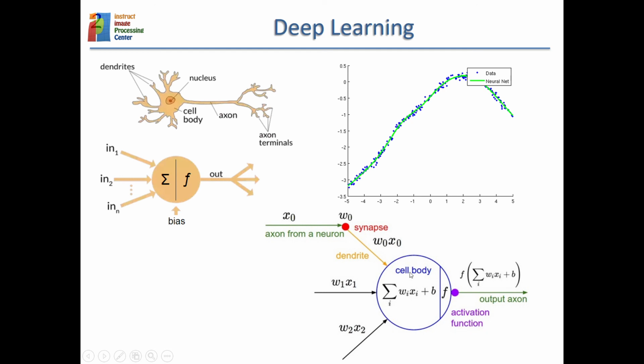Then it may add its own bias, a constant added to that input information, and it outputs this addition through the axon. And for this output, we use a non-linear function. This computation performed at the cell body goes through what is called an activation function.